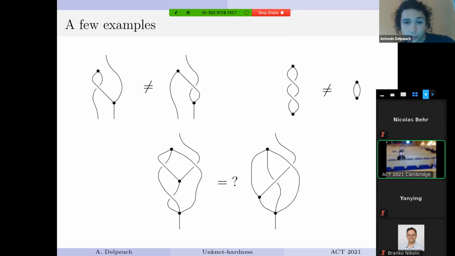And then you can come up with really all sorts of complicated examples like this. So here you could want to try to pull the generators in the middle on the left-hand side through here to get the right-hand side. But the problem is that the orientations of the braids here are mismatching, so you cannot actually do that.